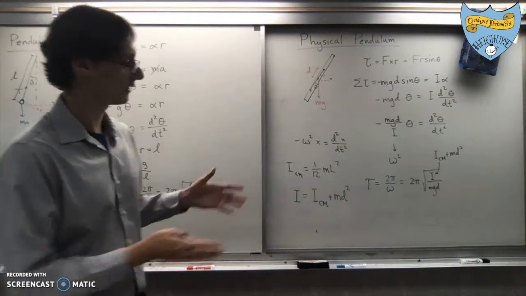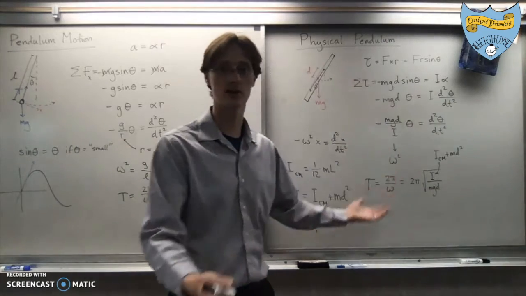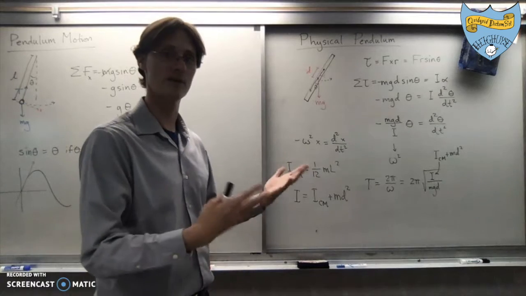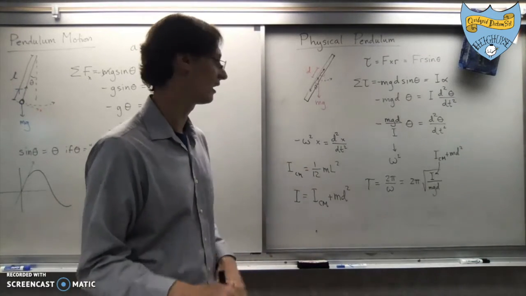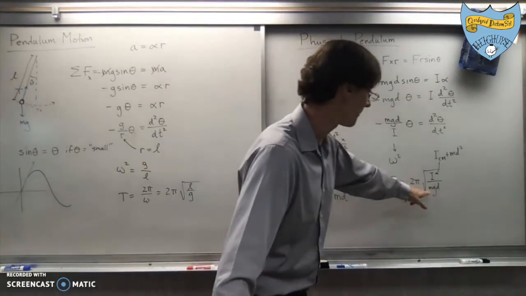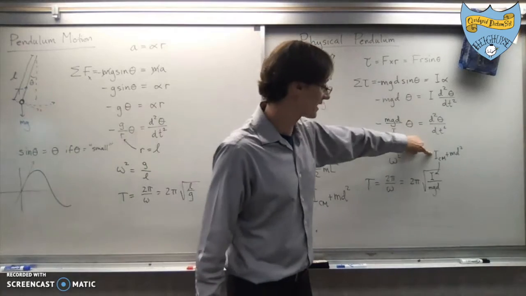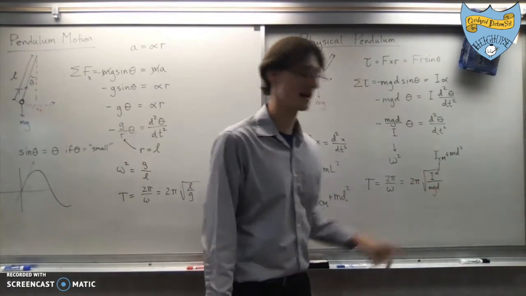Okay, so if we've got a particular scenario, obviously we'd be plugging in values of one kind or another. But this equation right here can kind of automatically tell us a couple of things about an oscillating physical pendulum. One of them is actually the mass of the pendulum doesn't matter. This has mass in it. There's mass again, and mass down on the bottom.